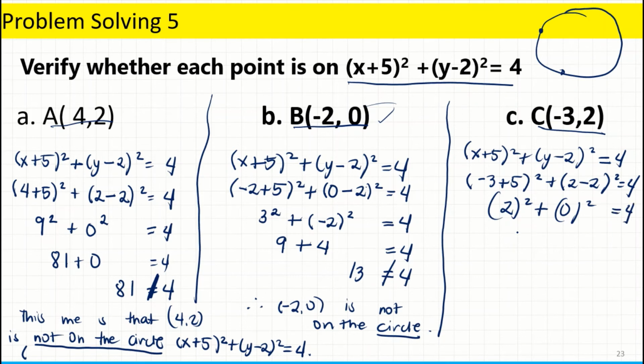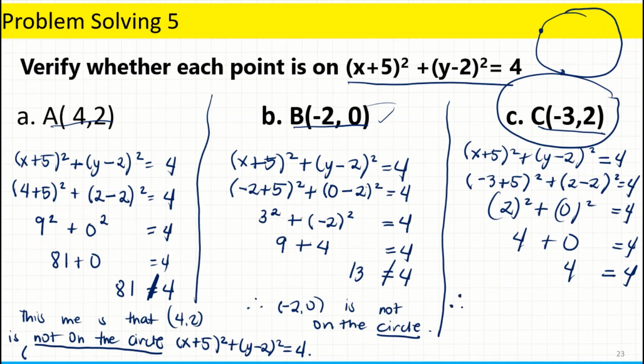So 2 squared is equal to 4 plus 0 is equal to 4. So 4 plus 0 is equal to 4. Then it is equal to 4. So ibig sabihin, itong negative 3, 2 ay part ng circle or nasa mismong circle.